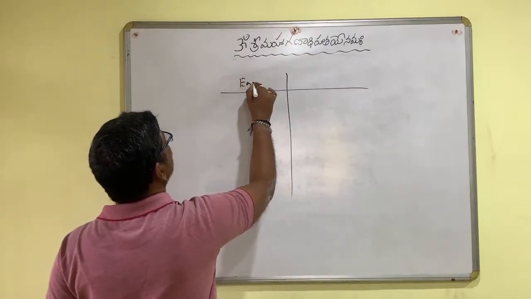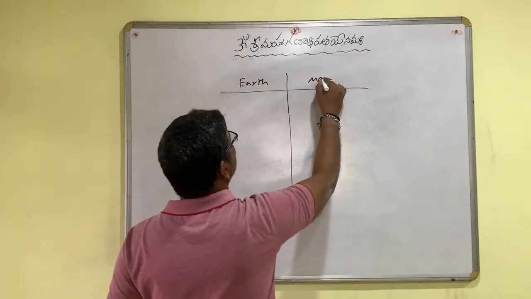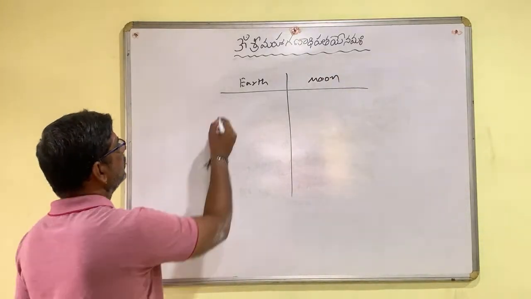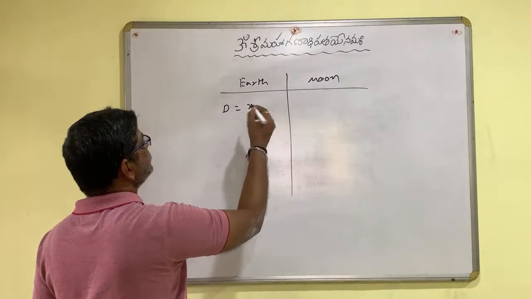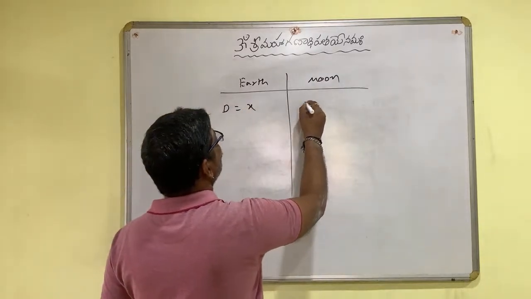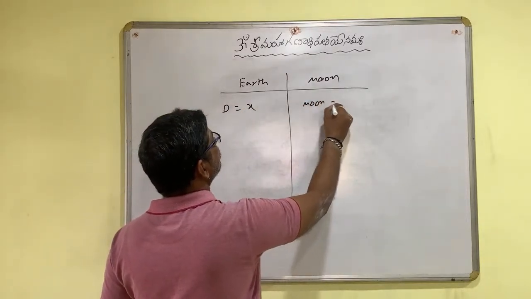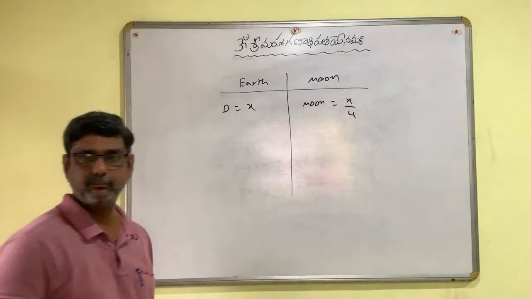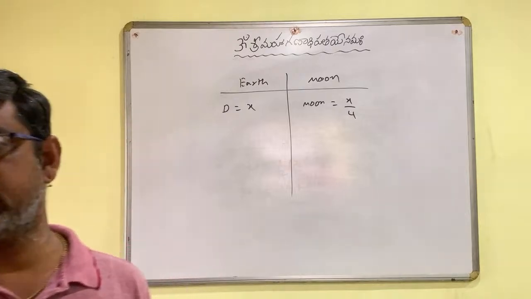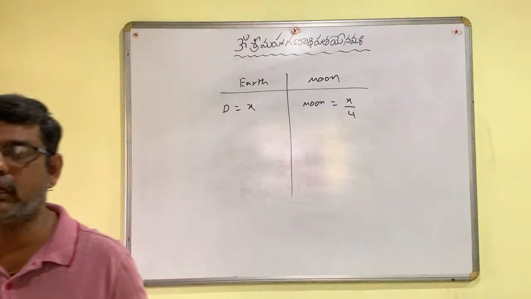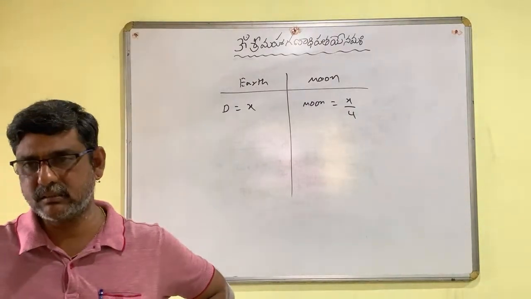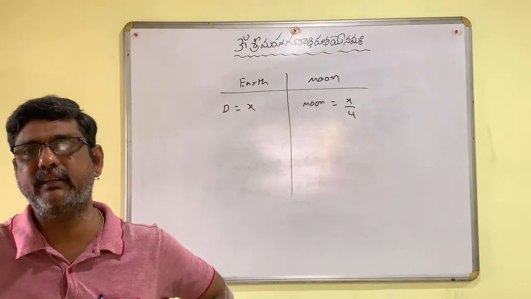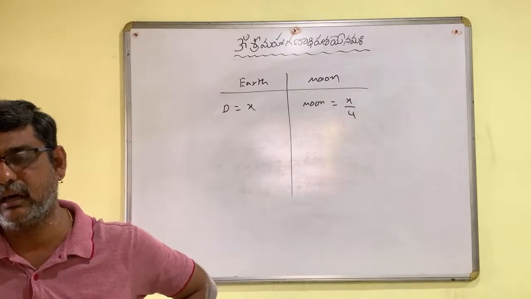Earth and moon. Let the diameter of earth be x units. Moon is 1/4 of this, that is x by 4 units. Let us assume the diameter of earth is x units and it is given that the diameter of moon is 1/4 of the diameter of earth.